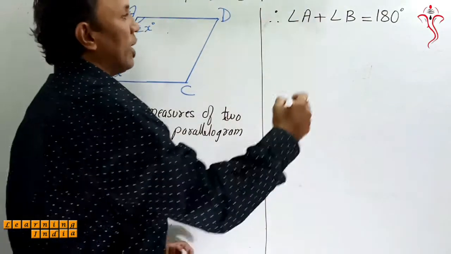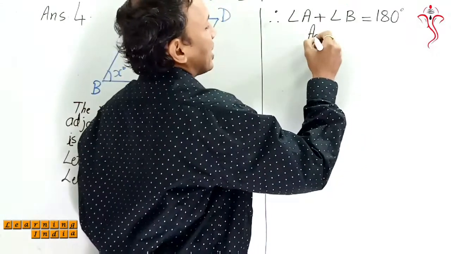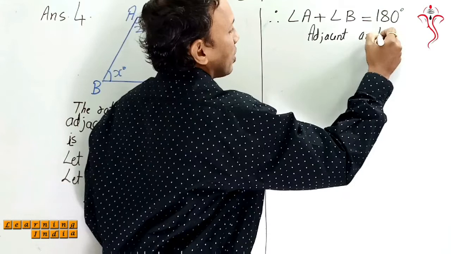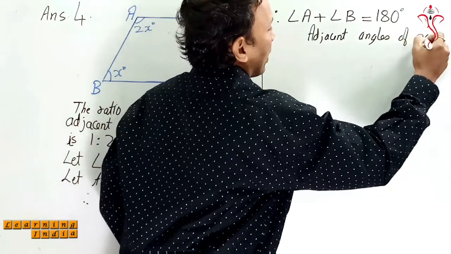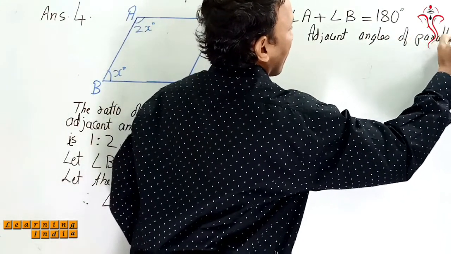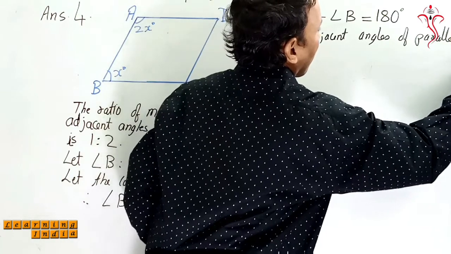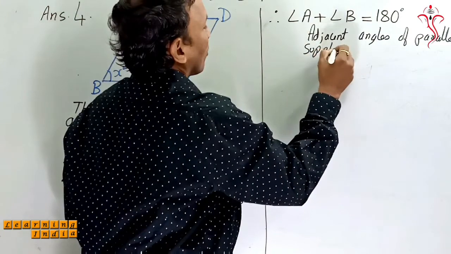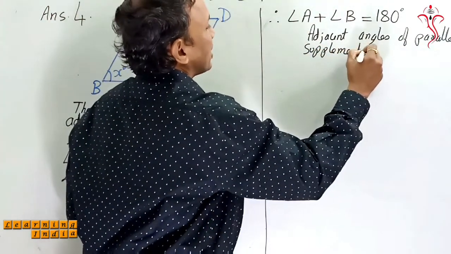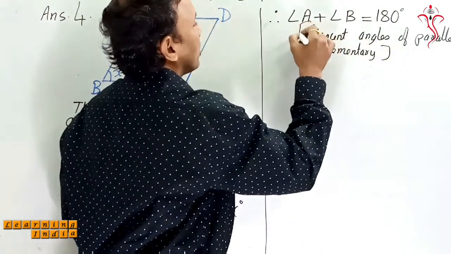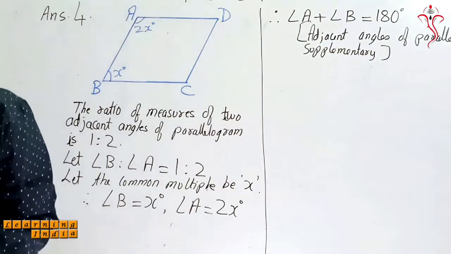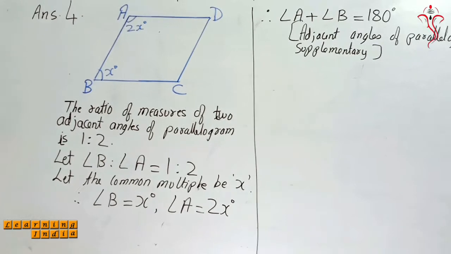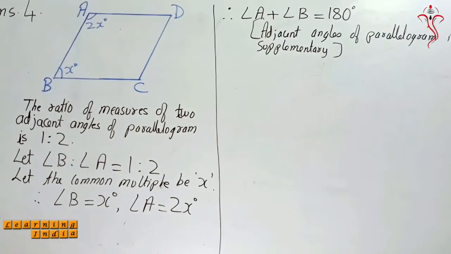Reason, just now I told you, adjacent angles of a parallelogram is supplementary. Correct? So adjacent angles of a parallelogram make the total value of 180 degree. So I have written it like this.